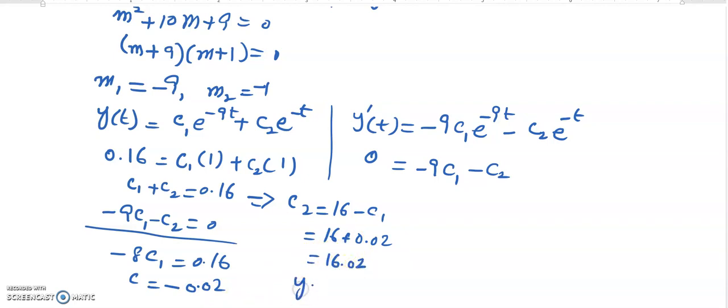So the final solution for the initial value problem, where C1 was minus 0.02, is y(t) equals minus 0.02 e power minus 9t plus 0.18 e power minus t.